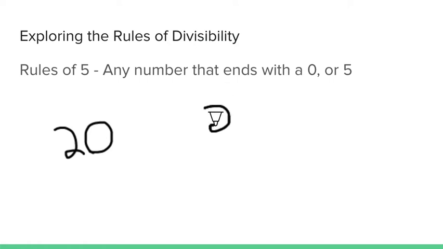It could be 21,105. Okay, sorry about my 0 there, kind of hard to draw here. Once again, it really does not matter if the number is really small or really large. So long as the last digit in that number is a 0 or a 5, it will in fact be divisible by 5.